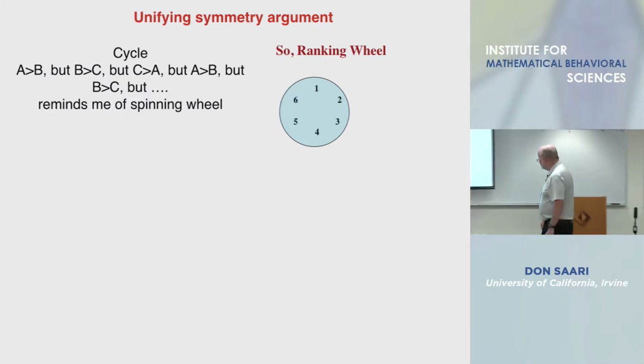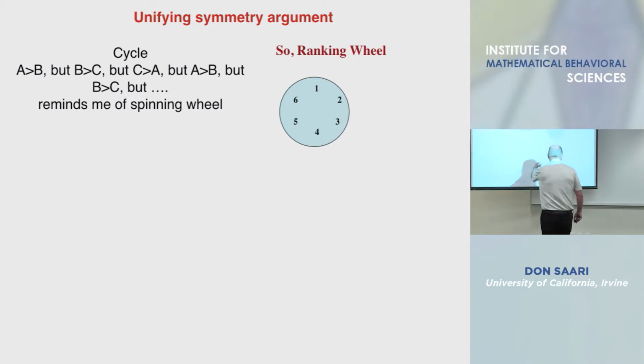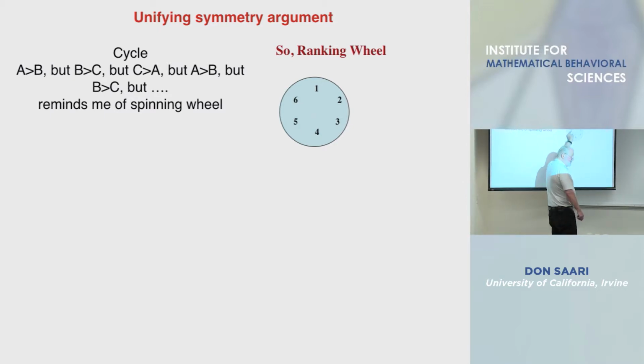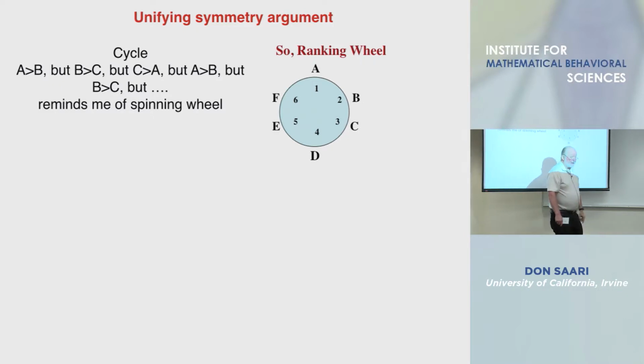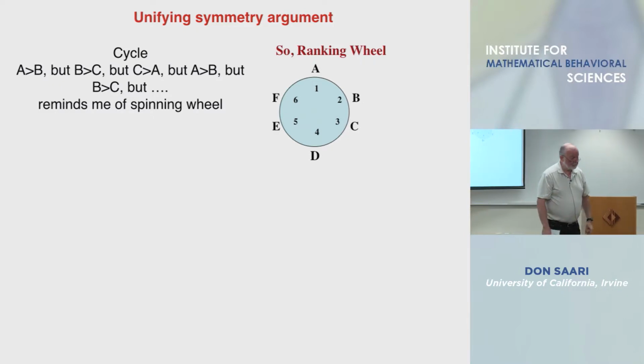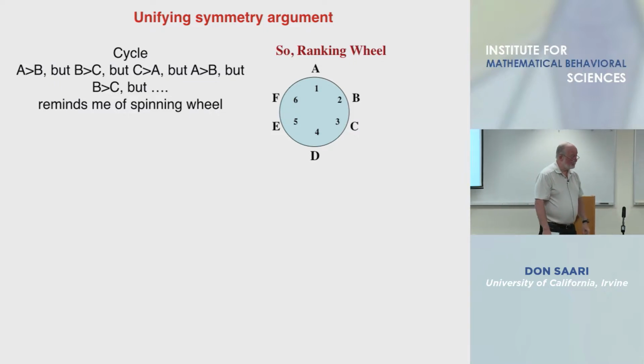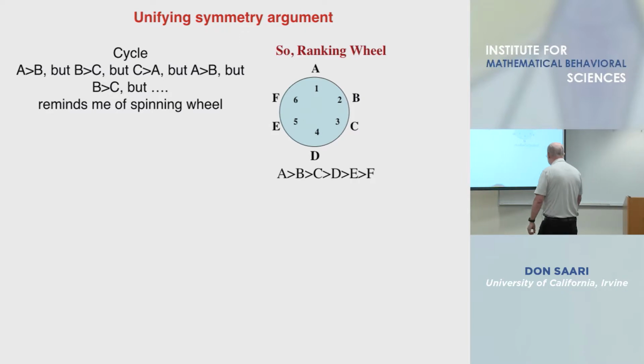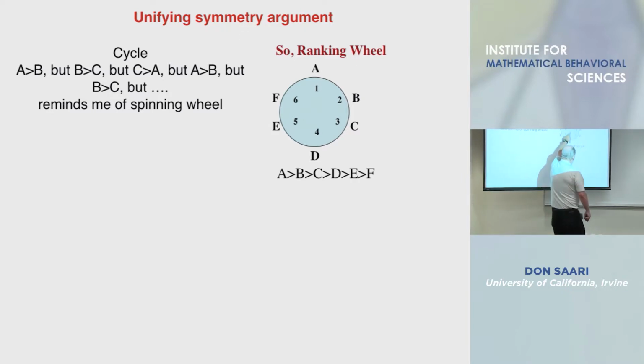Then put the ranking numbers over here. If I have 10, then uniformly I put 1, 2, 3, 4, 5, 6, 7, 8, 9, 10. So I just have a wheel with the ranking numbers on the edges. And any way you wish, put down the names of the candidates. I put them in the A, B, C, D, E, F fashion. The wheel, what does it do? It gives you the ranking, see? A is in first place, B is in second place, C is in third, D, E, F.